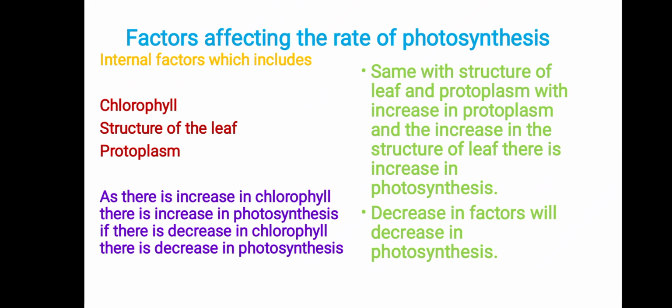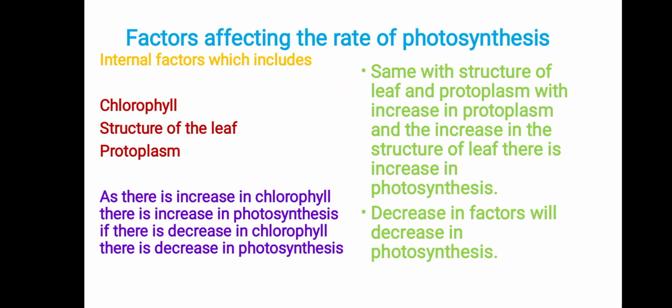Now, very important factors that affect the rate of photosynthesis. First are internal factors, which include chlorophyll, structure of the leaf, and protoplasm. As there is increase in chlorophyll, there is increase in photosynthesis. If there is decrease in chlorophyll, there is decrease in photosynthesis.